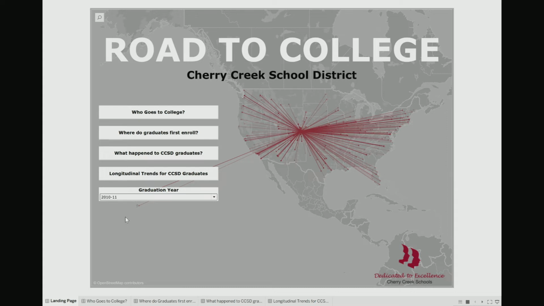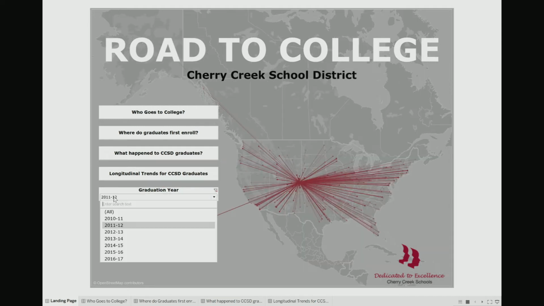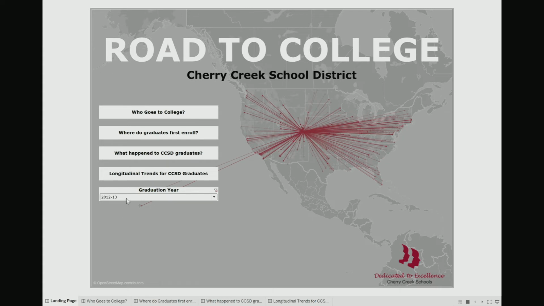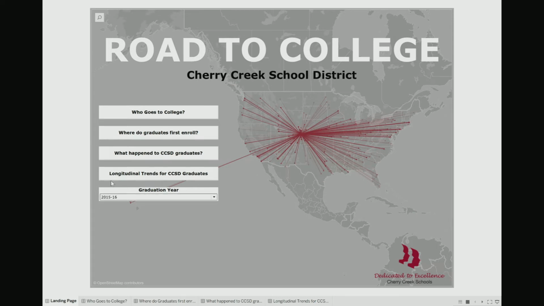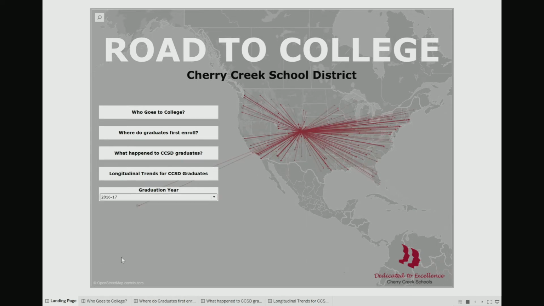In 2018, you can program in some animation that just does stuff for you. But as you move through the years, you can see where our kiddos go and how it's different. I will show you the last 2 years, and then we're going to quickly go to who goes to college.